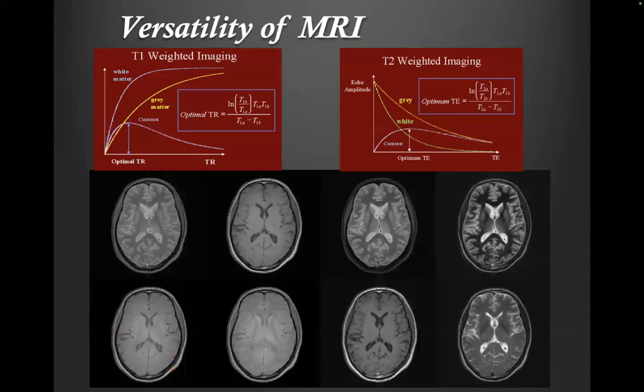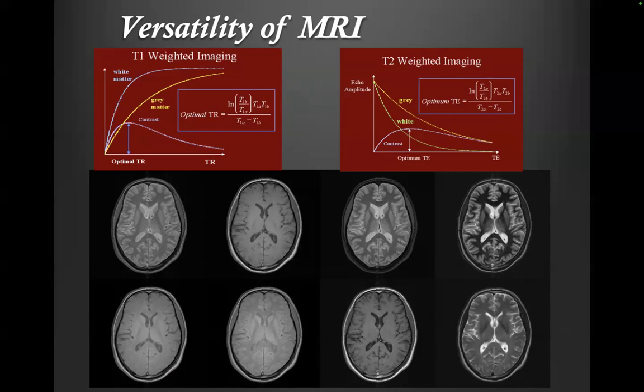T1 and T2 weightings are about how long it takes to return to the equilibrium state after you excite your protons to produce MRI signal. One property is called the T1 value, and the other is called the T2 value.